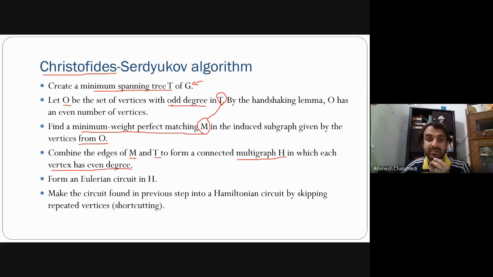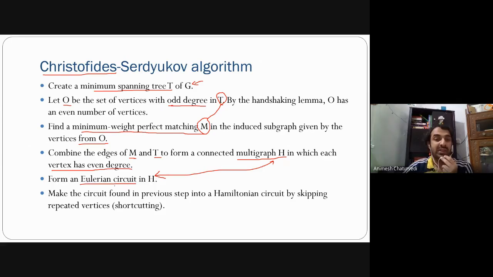So this multigraph was formed that has all the vertices with even degree. Then this whole thing forms a Eulerian circuit. So a Eulerian circuit will be formed out of this H.